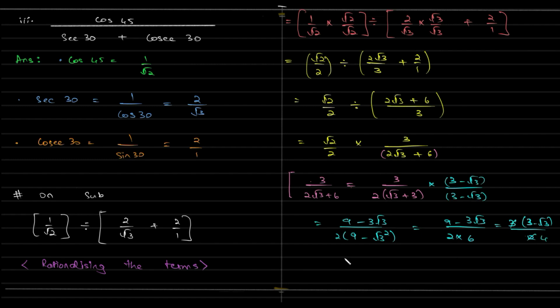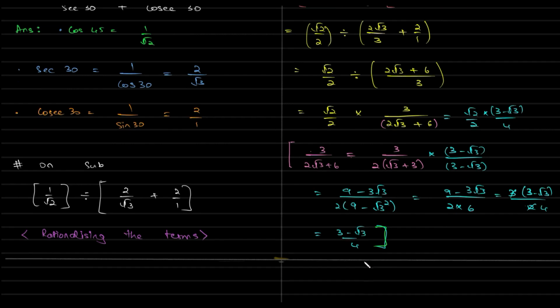So basically this will be 3 minus root 3 by 4. Okay. So if I substitute that over here, root 2 by 2 into 3 minus root 3 by 4. Your final answer. I don't have space, so I'm writing over here so that the entire answer is visible. 3 root 2, I'm using the distributive property and multiplying with both the terms, minus root 6 divided by 8.